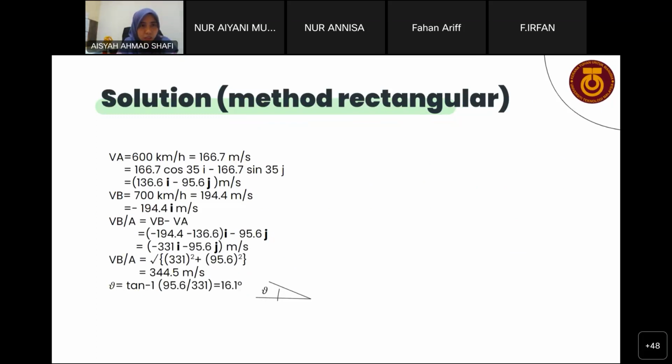And VB is negative 64.4 i. This is in the i direction.